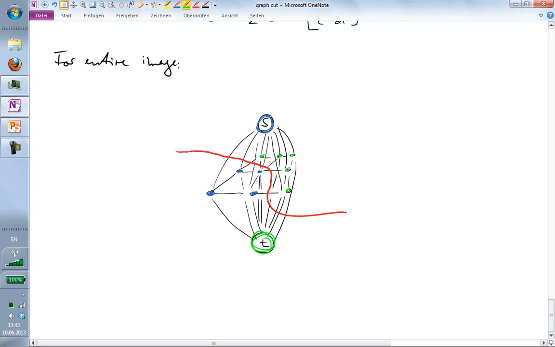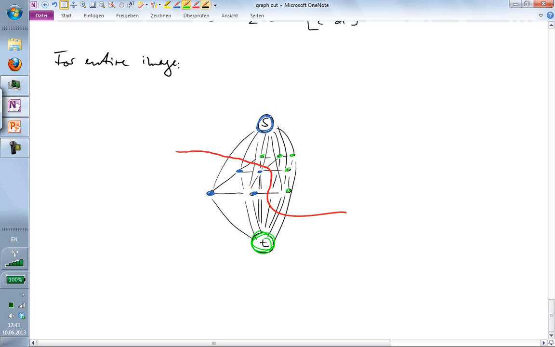And I have not mentioned yet how the augmenting paths are really found. You could use Ford-Fulkerson, but it would be much too slow for a normal image.